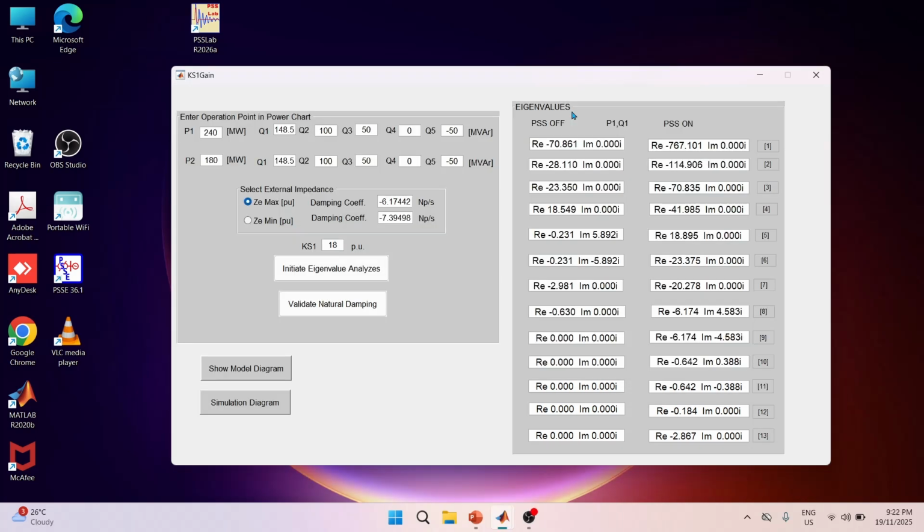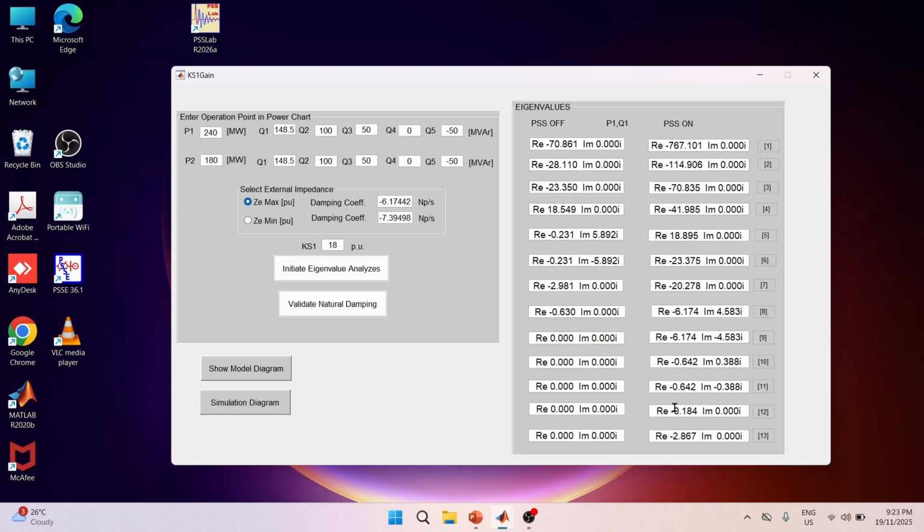This form also provides an overview of the eigenvalues of the state space matrix, here in the left column for PSS off and in the right column for the PSS on. The state space matrix with PSS off is of the 8th order, therefore it has 8 eigenvalues. 2 of them are complex conjugate pair, the 5th and the 6th.